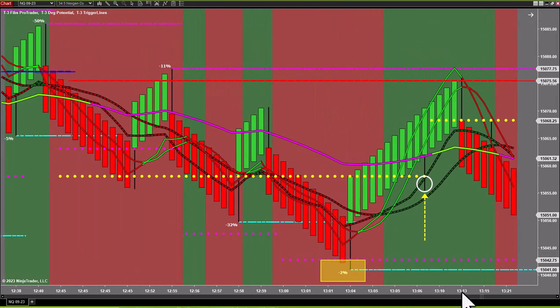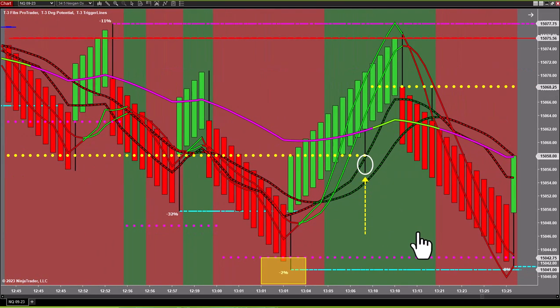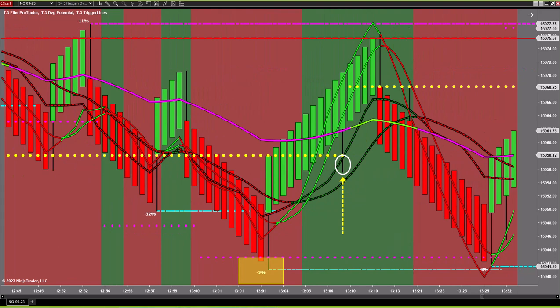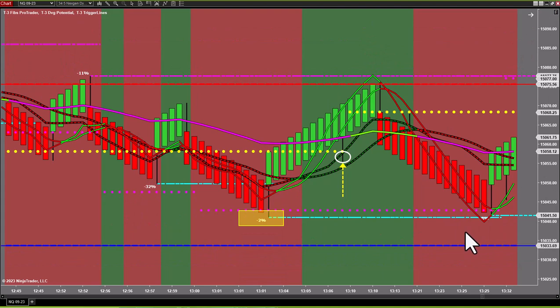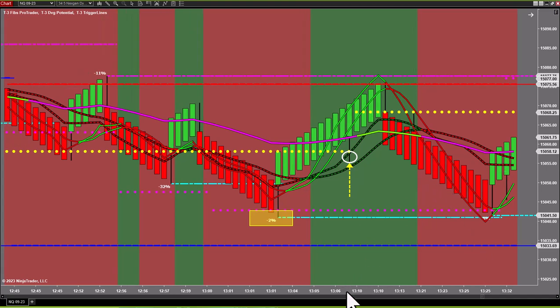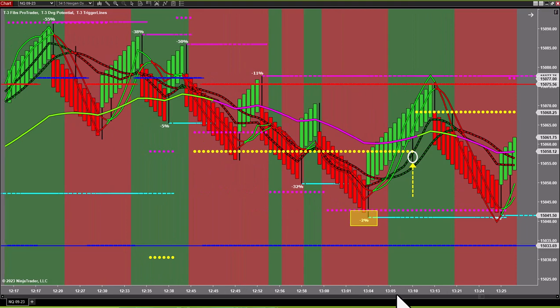So again, what I want to do first is just walk through the chart, if you guys don't mind, and point out the conditions that make a tradable reversal. We could call it a good top or bottom. But we're looking for some type of Fibonacci horizontal line that goes across the chart.